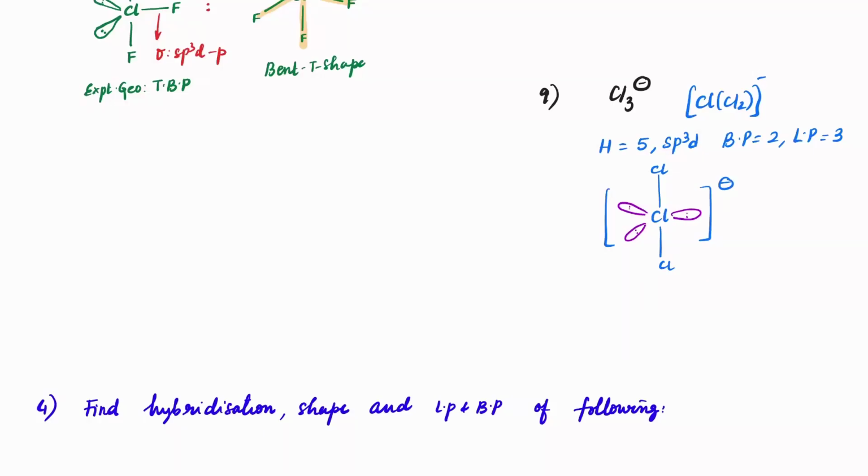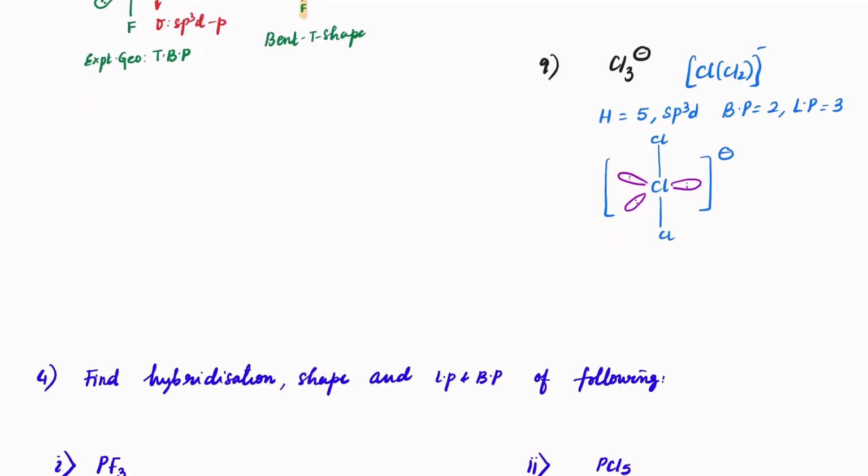Okay. So how does the shape look like? For shape you only need to take bond pairs. So it looks linear. So the shape is linear. Geometry is trigonal bipyramidal.